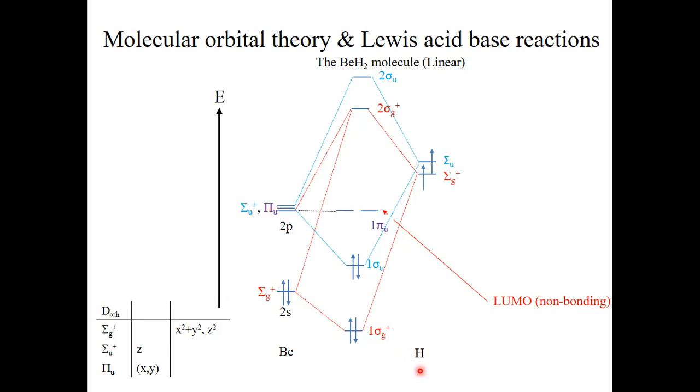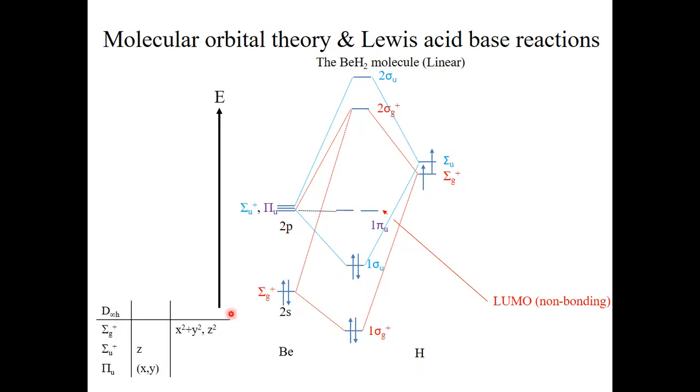For the hydrogens, we have two ligand group orbitals. One of them has the symmetry type σg+, and the other one has the symmetry type σu+. Okay, now we can again combine orbitals of the same symmetry type.